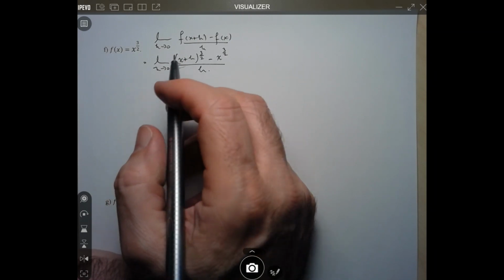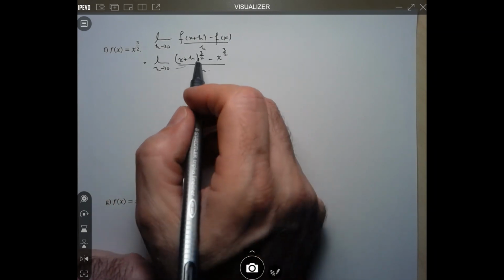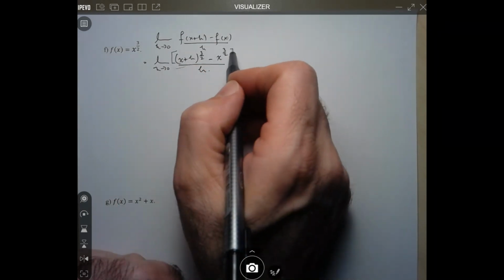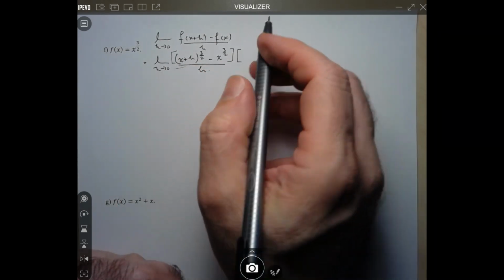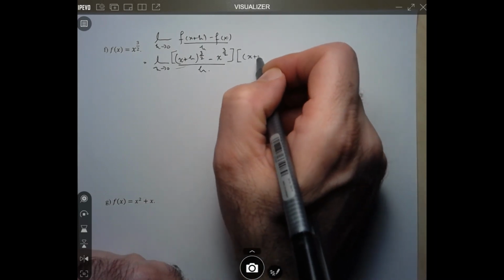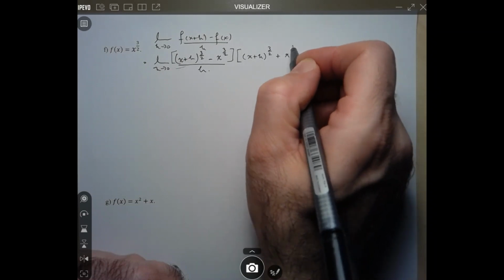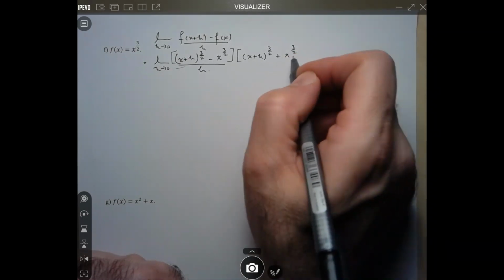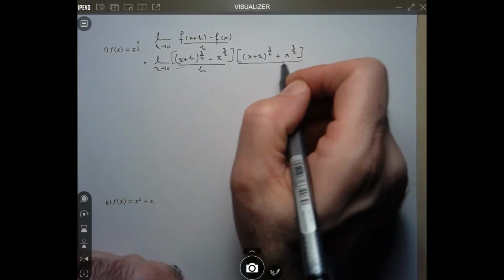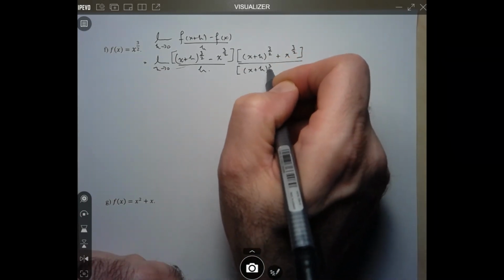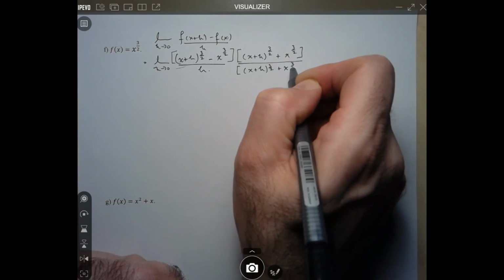And since I have these values stuck inside a square root, I don't think you're going to be too shocked to find that I'm just going to multiply this by the conjugate, plus x to the 3/2. And of course, if I do it to the numerator, I have to do the same thing to the denominator, plus x to the 3/2.